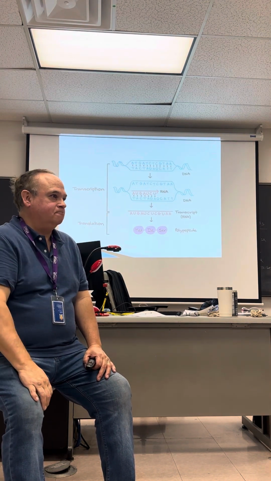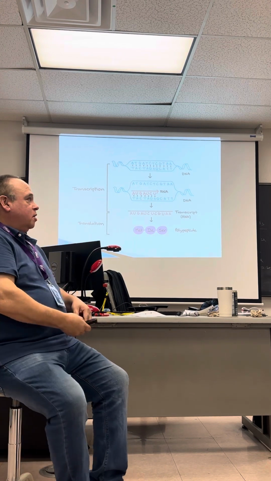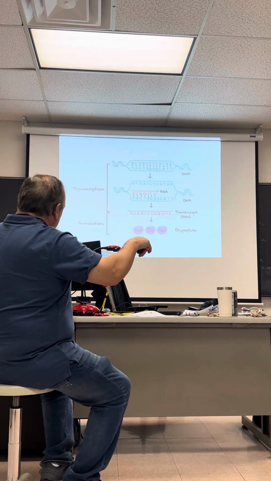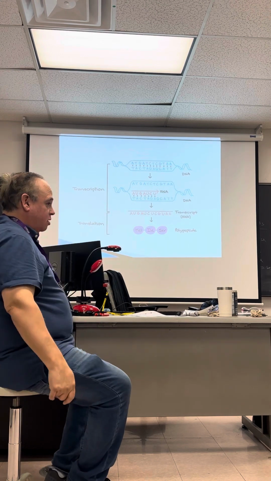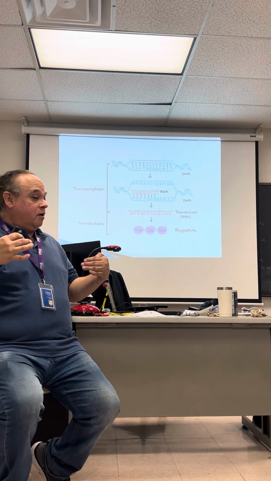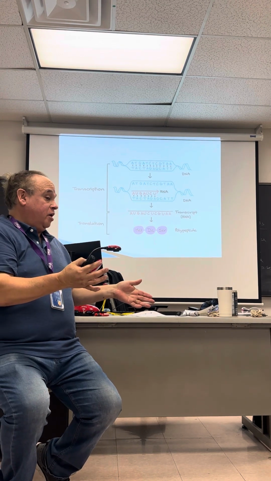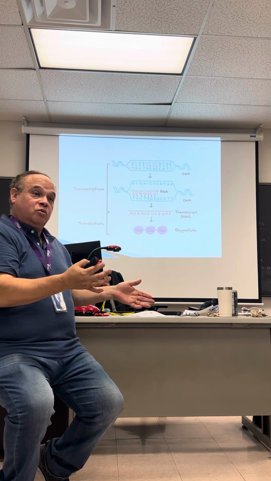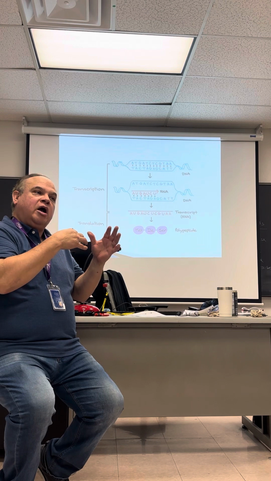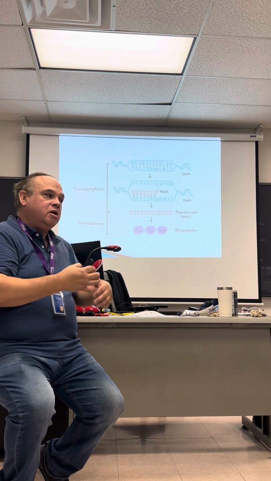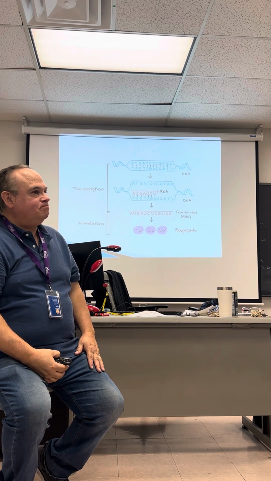That's transcription. The other part of it, the actual use of the information in the messenger RNA by transfer RNA to bring amino acids to the actual protein that's being made, and then the ribosome folding up that protein, is called translation, okay?